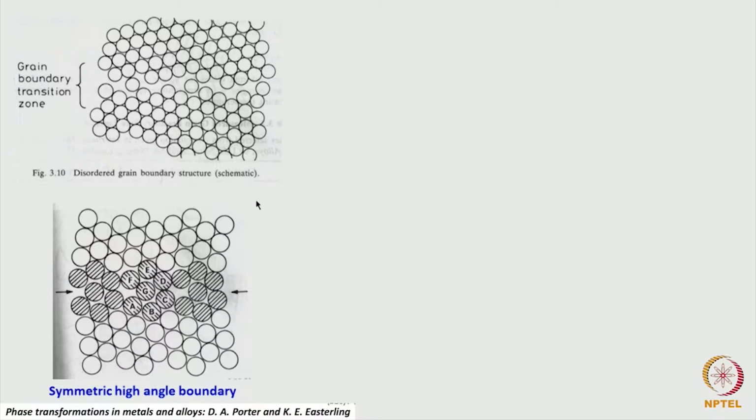Okay. There are some cases where this matching may not be there at the boundary, but if you look at these planes, they appear to be symmetrically disposed with respect to a boundary, correct? Symmetrically tilted with respect to a boundary.